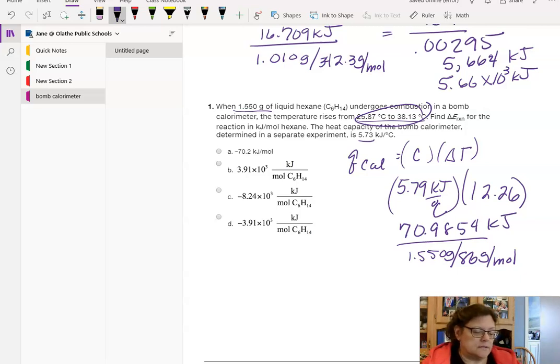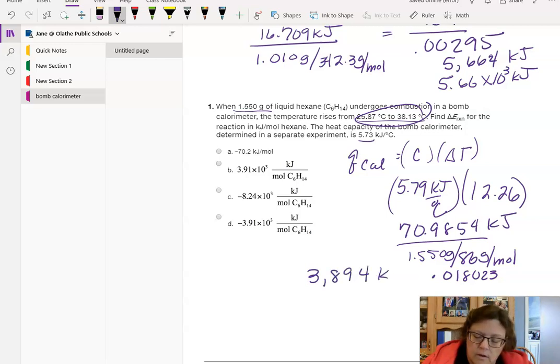So we're going to take 70.9854 divided by 1.55 divided by 86, and we get not the right answer. Let's try that again. This answer is 0.018023. Now I'll go 70.9854 divided by 0.018023, and I get 3,894 kilojoules.